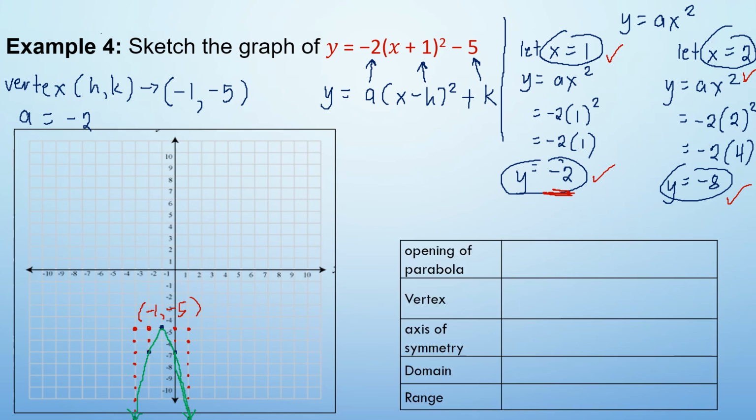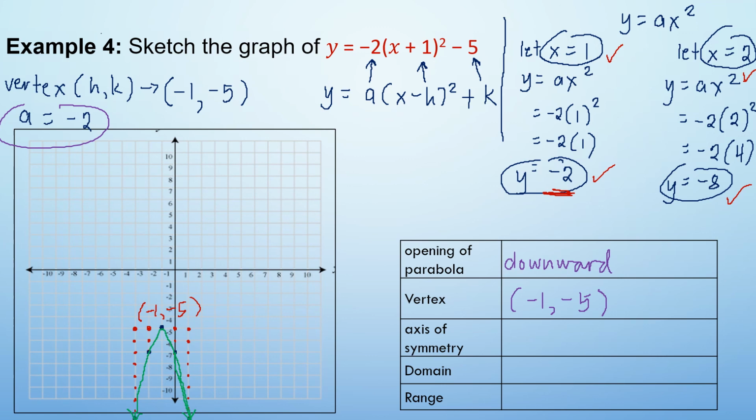Let us now identify its properties. As you can see, the parabola opens downward, since the value of a is a negative number. The vertex is at point (-1, -5).